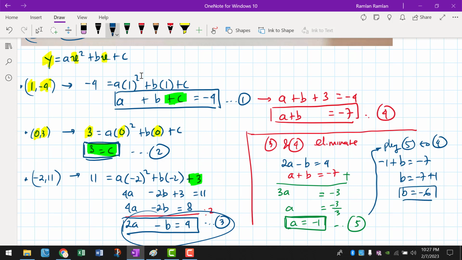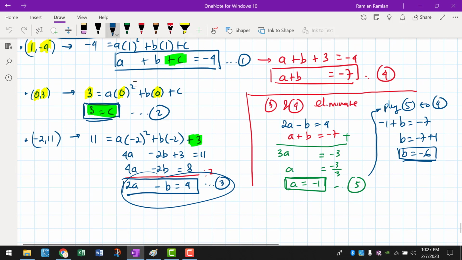So I have all the values a, b, and c. So I only need to plug in the a, b, and c. So the function is going to be y equals minus 1 x squared, and then minus 6x because b is minus 6, and the last one is plus 3 because c is equals to 3. Now notice that you don't have to write down the 1 over here, so just erase that and you have the final answer.